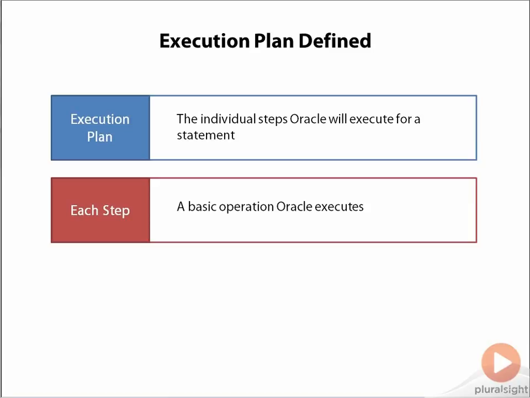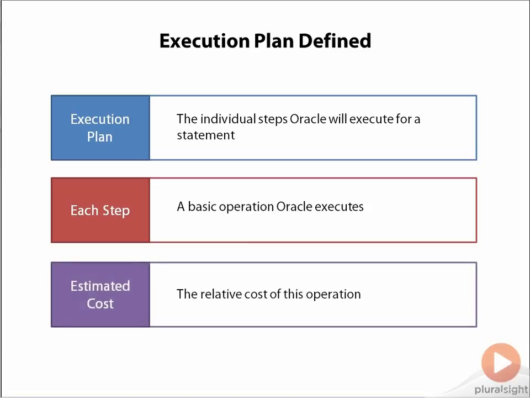Each step in the execution plan will also contain information about how expensive Oracle estimates that step to be. This value is calculated based on database statistics and takes into account both the CPU and I/O cost of that individual operation. This cost provides us two things. First, it lets Oracle make a decision between performing a step two different ways. That is, is it faster to use an index or just read the table directly?